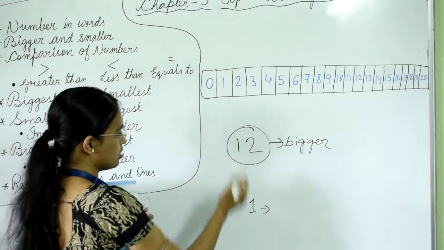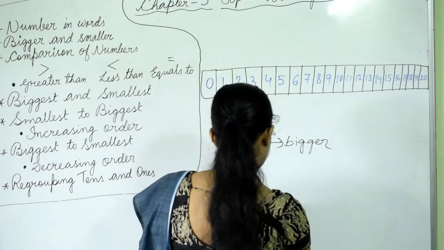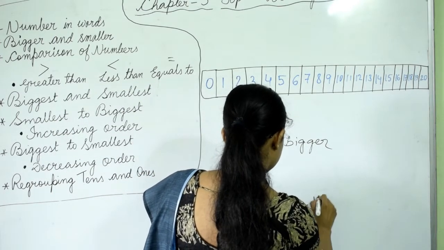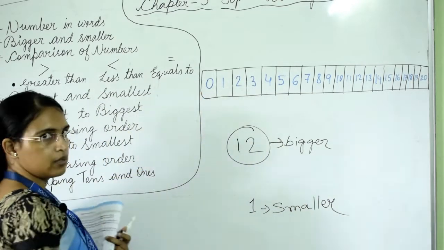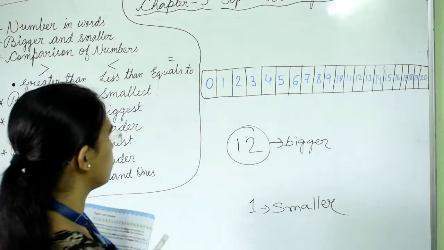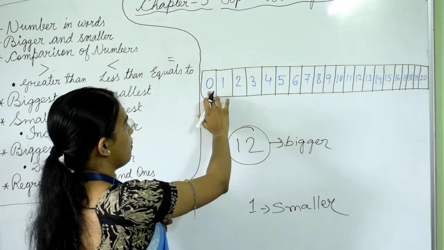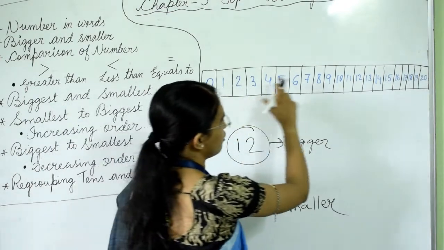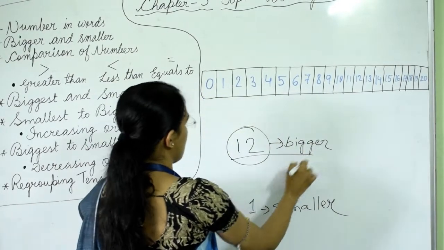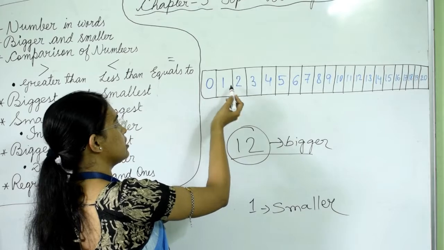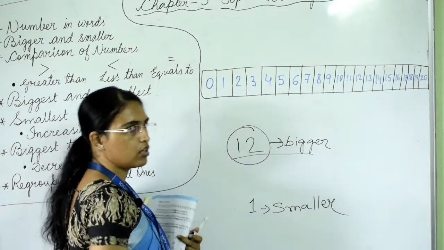That means this is the smaller number. Again I am saying that whatever the number is, if the number is far away from 0, then it is called a bigger number, and if the number is near to 0, then it is called a smaller number.